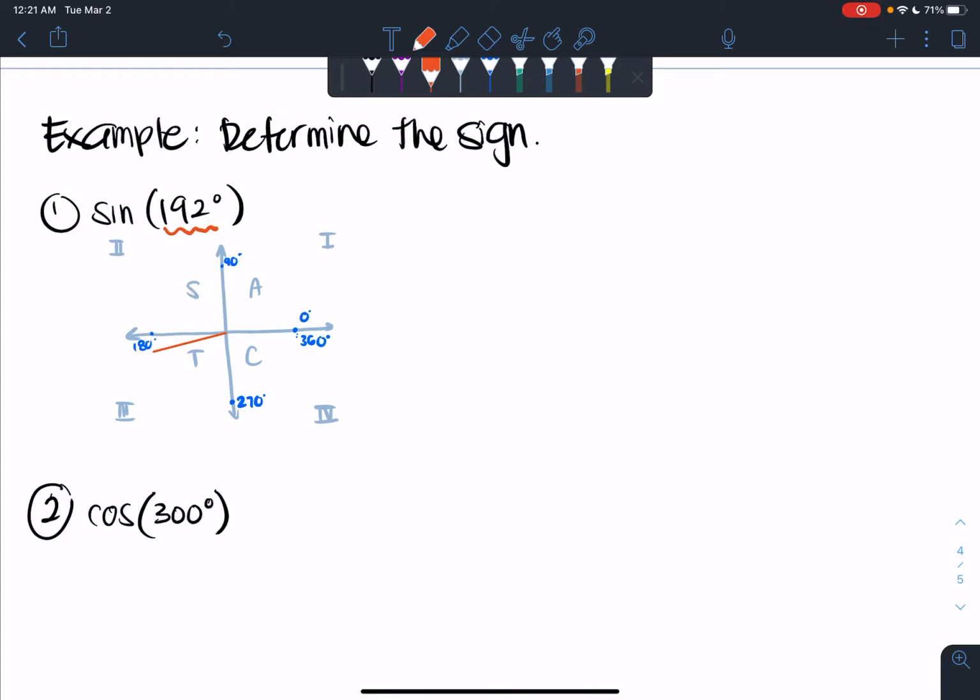Okay, how do I know? Because whenever you draw angles on a coordinate plane, we always start at the 0 degree side and go counterclockwise to meet that angle measure. So 192 degrees lies in quadrant 3.